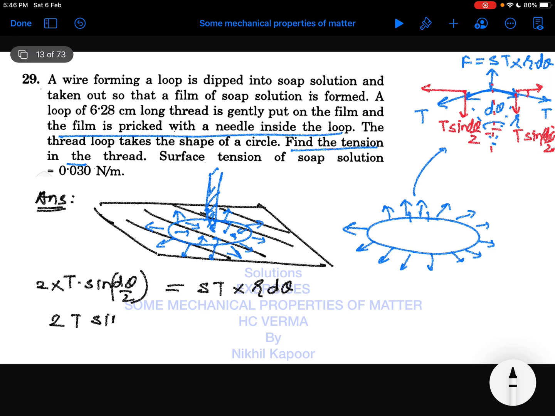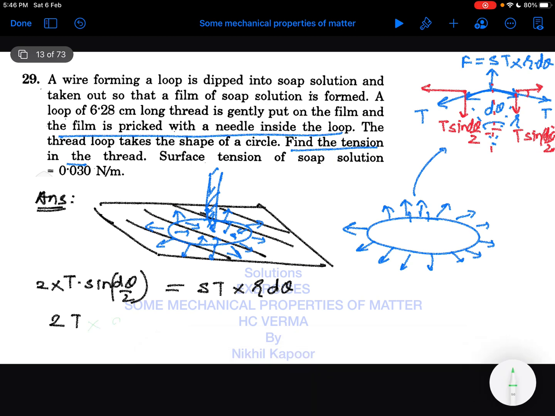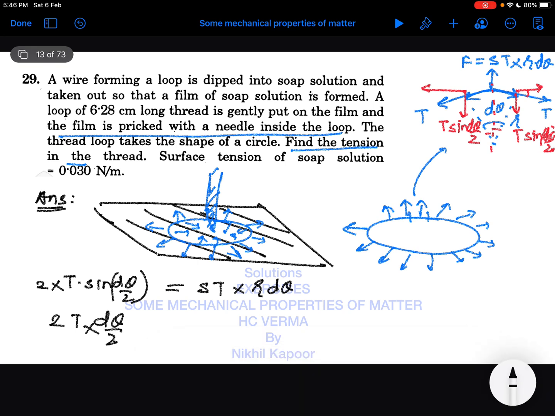As this angle is very small, we can write sine d theta by 2 as approximately d theta by 2, because when the angle is small, sine theta would be approximately equal to theta. So on this side d theta and d theta cancel. So the tension in the loop would be surface tension into radius.